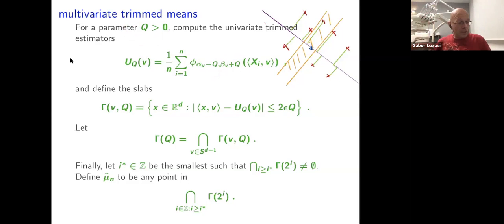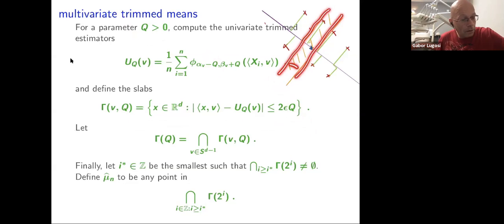So this Q is some kind of a complexity parameter. Now once we have this estimator, we define this slab, which is defined here, and whose width also depends on the same Q. So this Q and this Q, that's the same value.